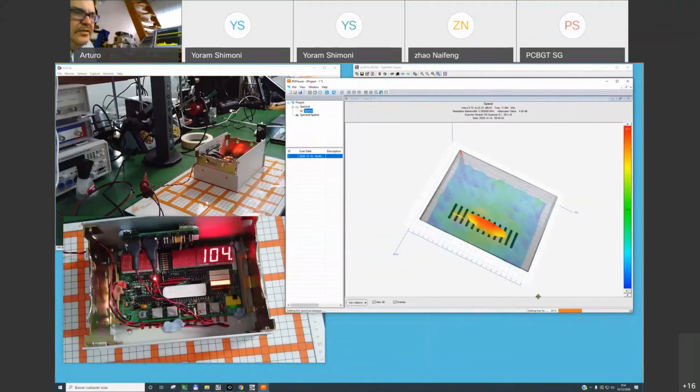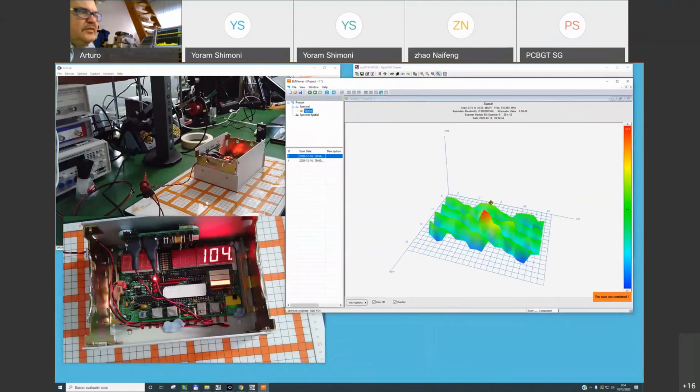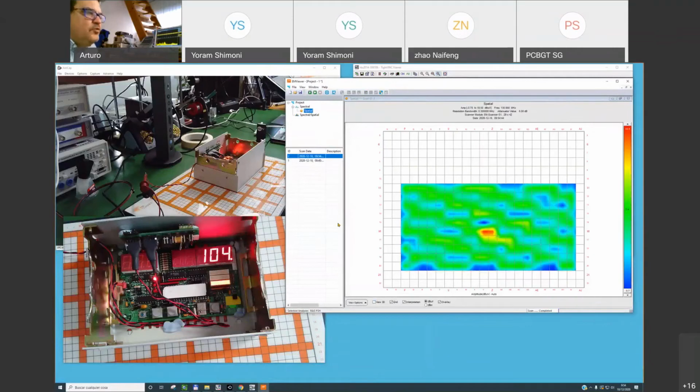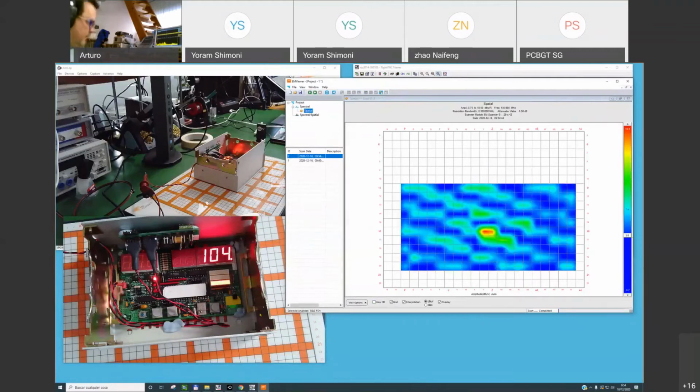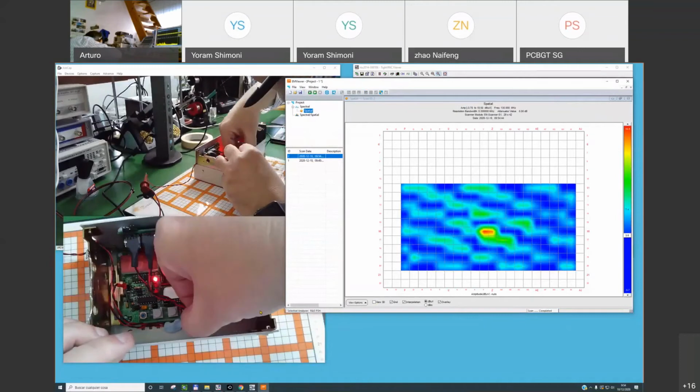Let's start setting the spectrum analyzer. We can see here the emission that is coming from this slot. Let's repeat the scan considering that we move the cables, to see if this is the origin of my problem.